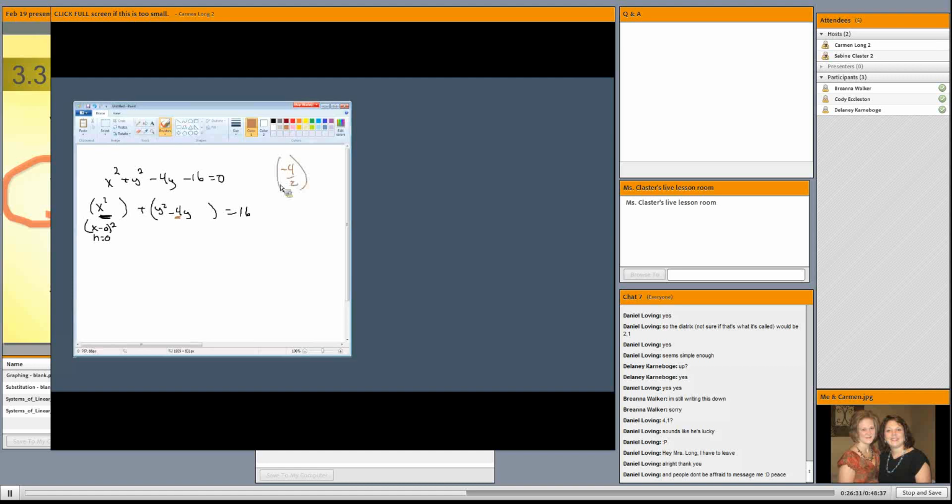So here's the thing to remember. If you add and subtract on the same side, it's the same as adding to both sides. I just got this ready to get the vertex.